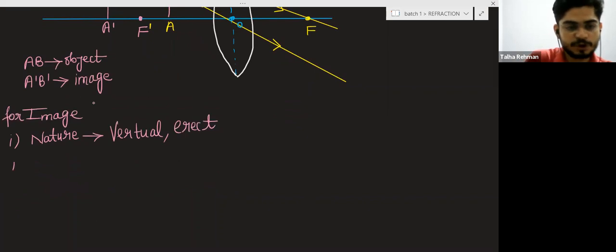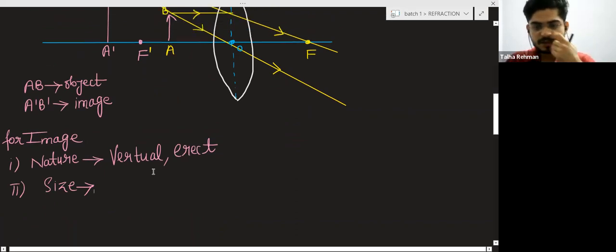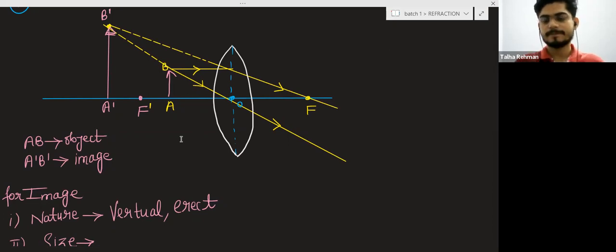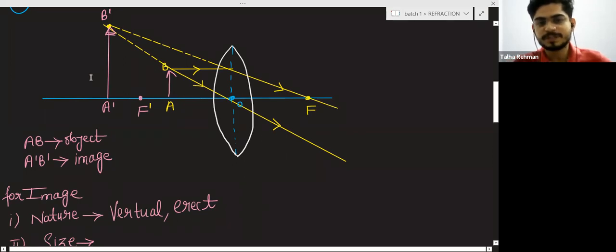Talking about the size of the image, who will tell? Arshia, will the size of the image be larger than the object or smaller than the object? You can see here, this is your object, this is your image.